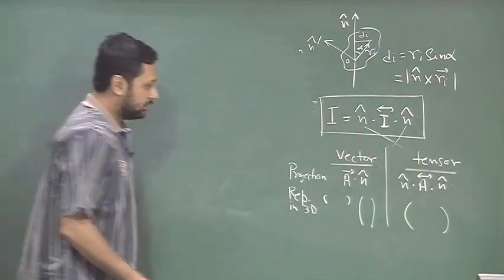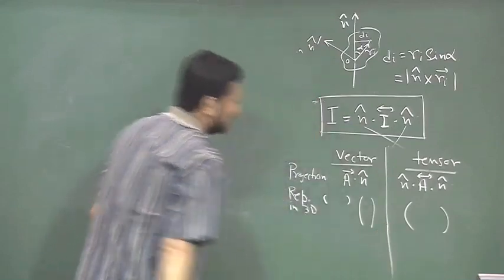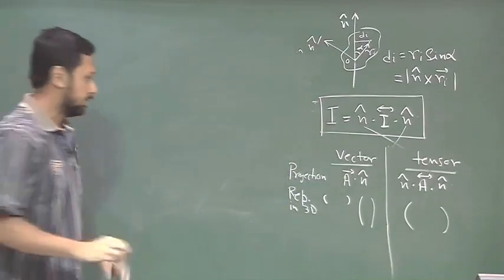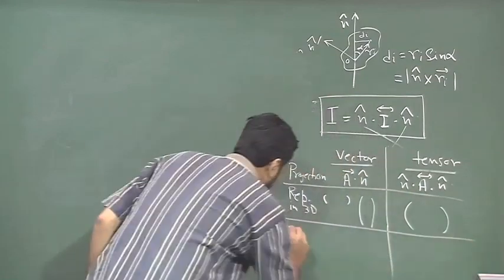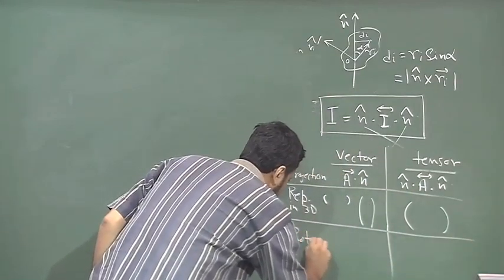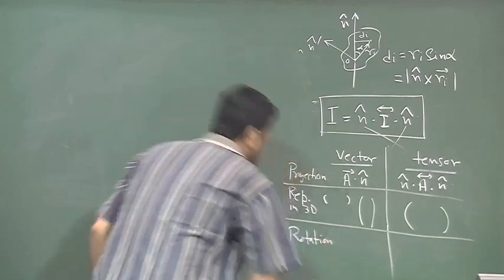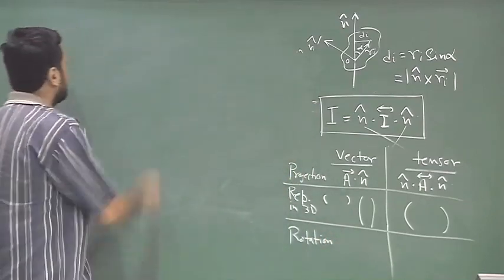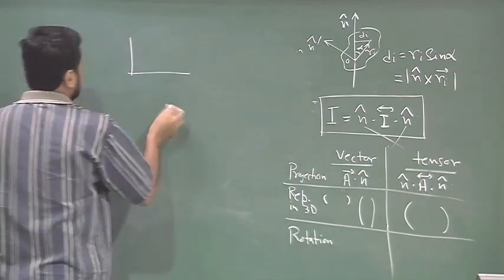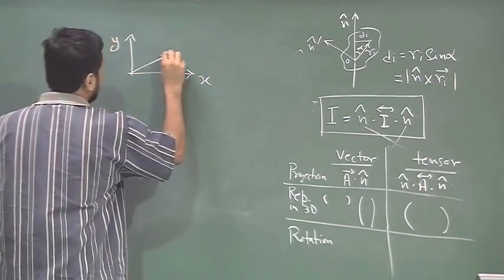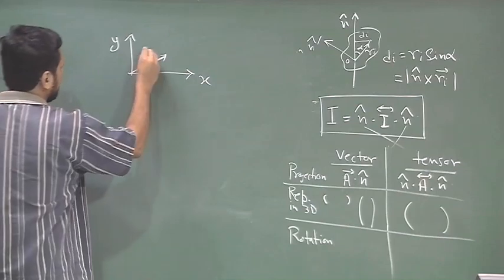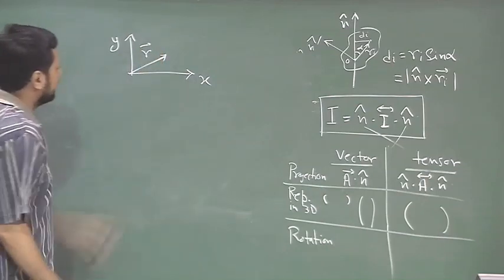Right. Now, there is another very important property we need to consider, which is rotation. So, this is one property, this is another, and the third is rotation. Quickly, let us look at it. We have x, y, and a vector, let us say some vector r in this x, y plane.